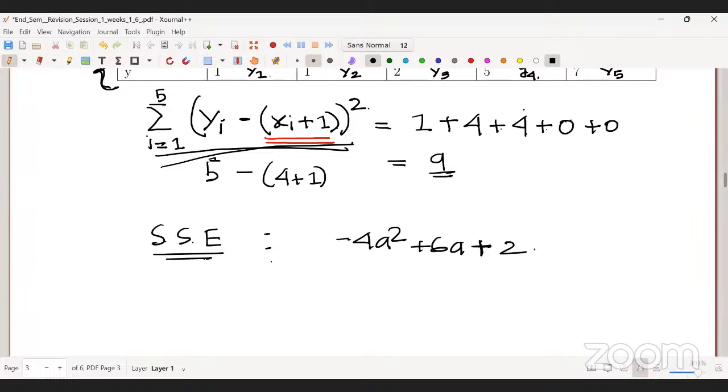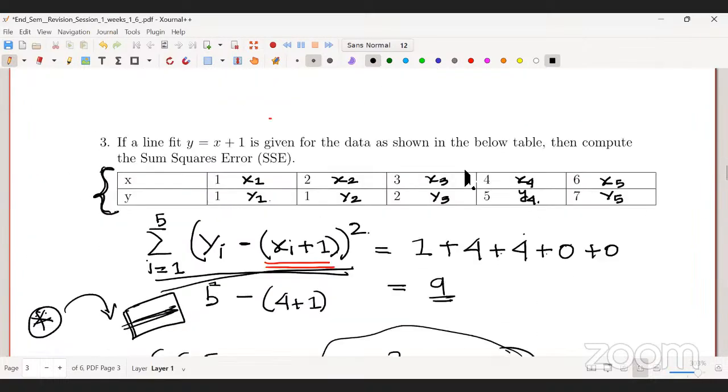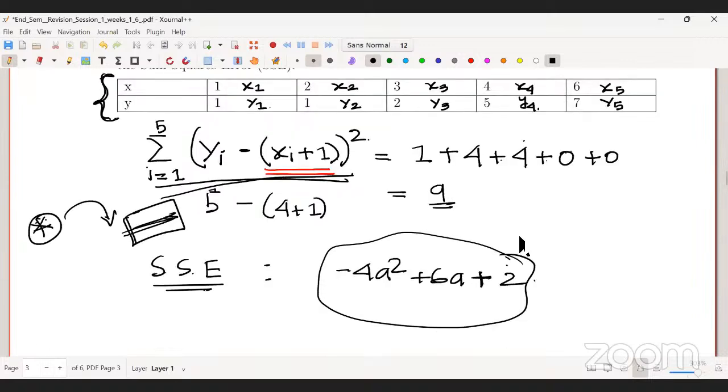So suppose you don't have any data, and the question is something like, you have a function, and with respect to few data, which are not mentioned in the question, the SSE is this. Then basically you need to find the value of a.